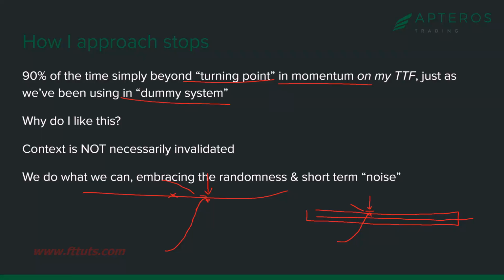Why do I like this? I love maximizing risk reward with a reasonable degree of wiggle room. That's kind of how I feel about it. If I'm going to get into a turning point and I get short right here, am I going to put my stop one tick above the tick that I got in on? Well, that's going to stop me out a whole lot, isn't it?